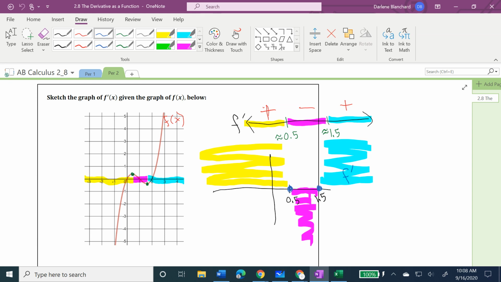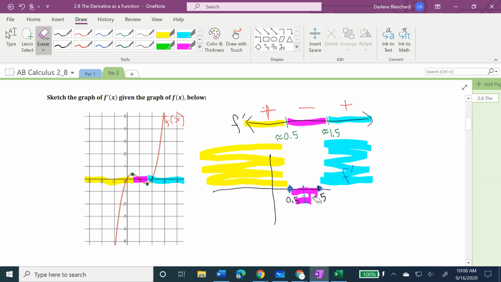Other than that, I don't expect you to be too exact on things. In fact, right now, you don't know enough to recognize that at x equals 1, there is actually something special going on.